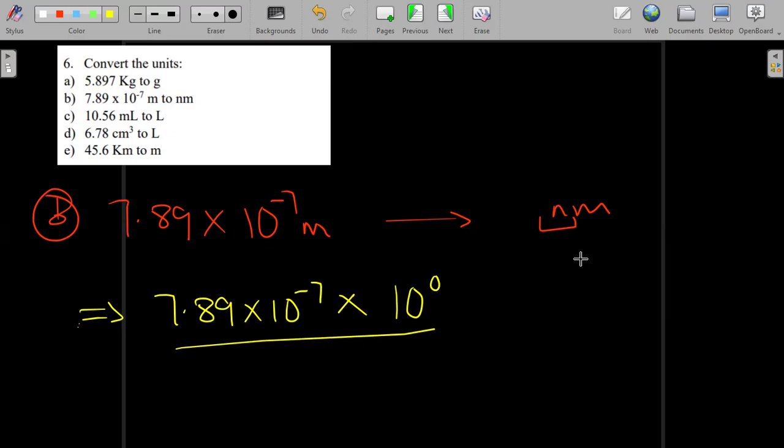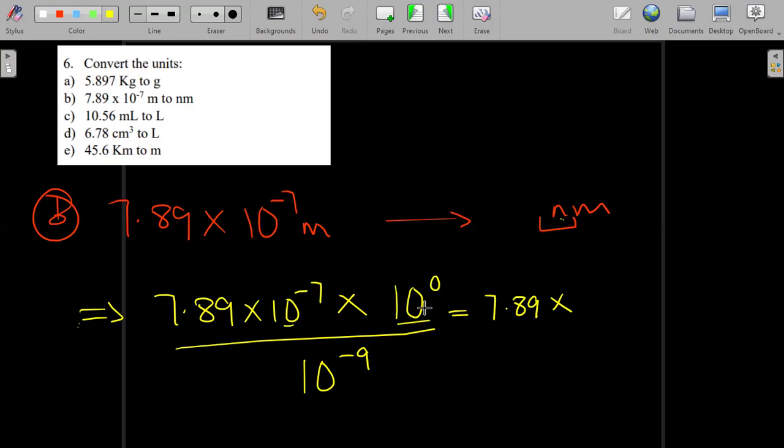So what is the prefix for nano? Nano is 10 to the power minus 9. So this is just going to be the same as 7.89 times, and then this 10 to the power something, let's put them together. So this is 10 to the power minus 7, 10 to the power 0.